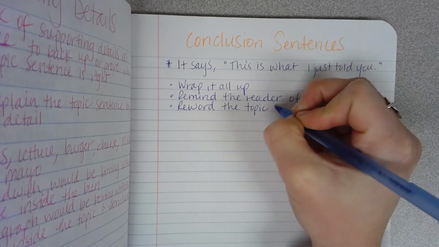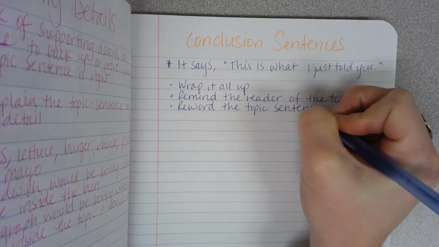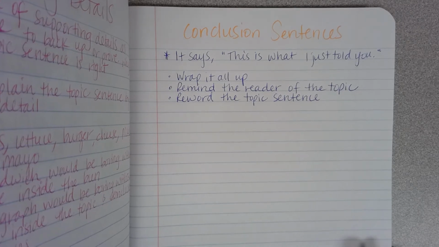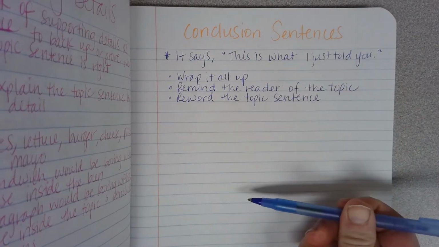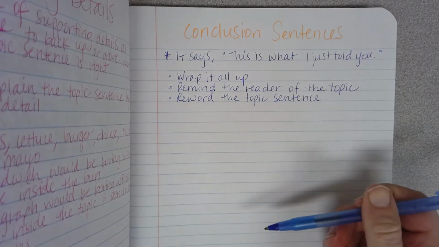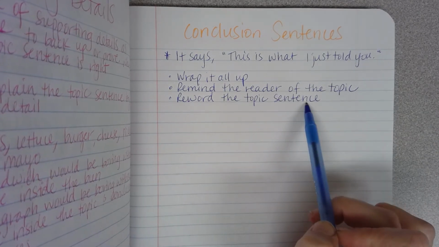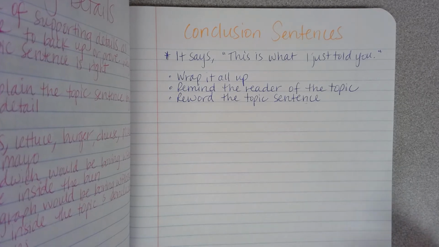We kind of touched on this a little bit when we were talking about topic sentences. A lot of the times you'll see almost identically the same sentence being used as your topic sentence and your conclusion sentence, but reworded, introducing you to what's being talked about, and then summarizing what was talked about.